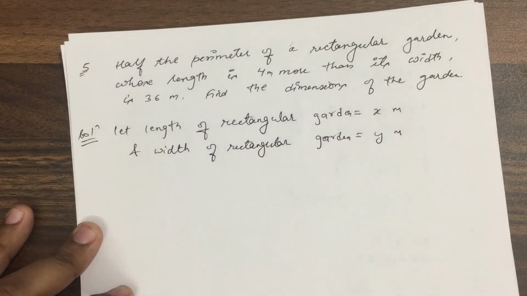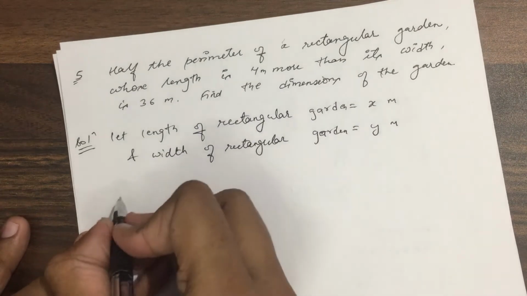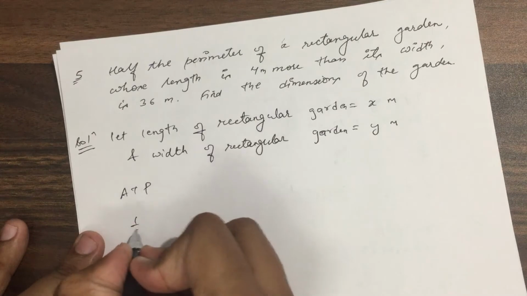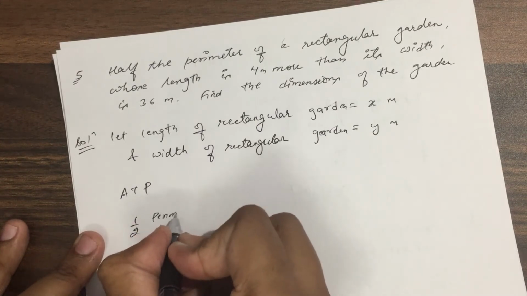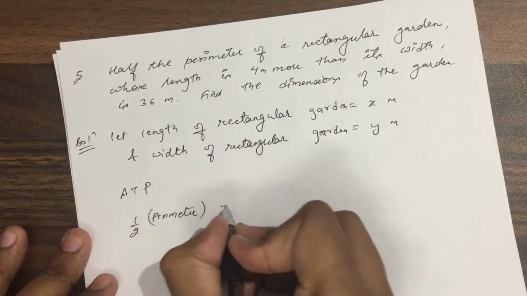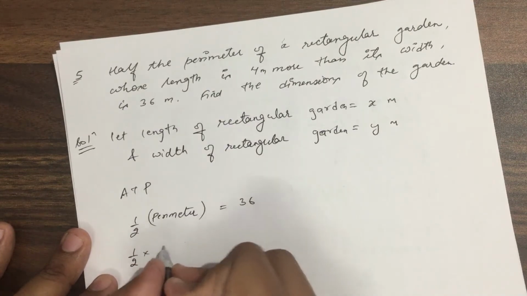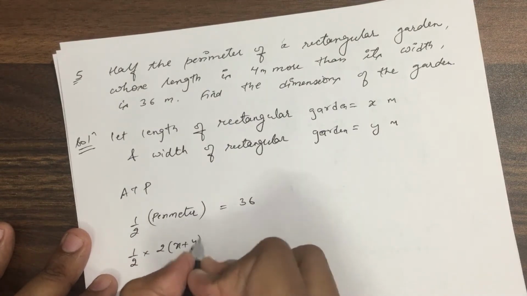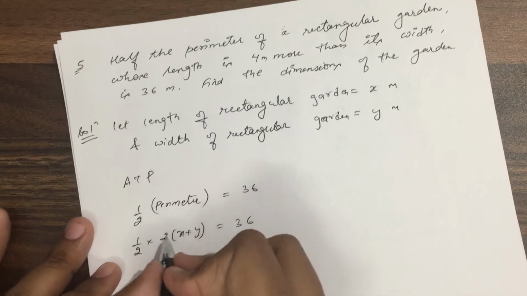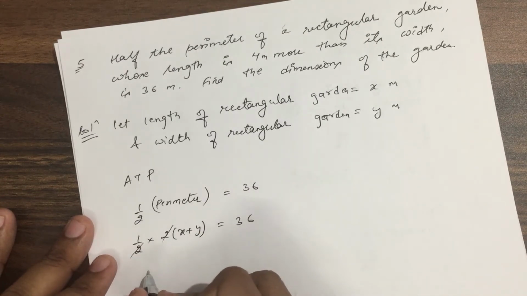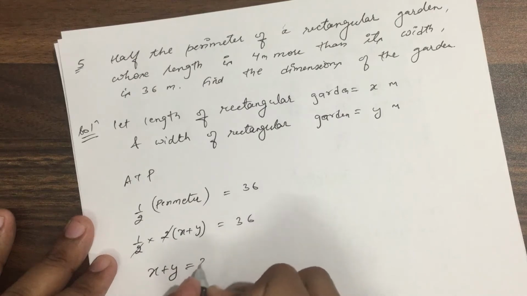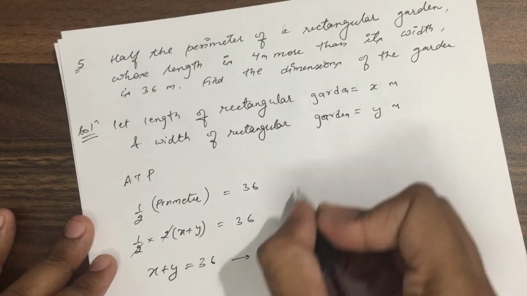What is given to you? Half the perimeter is 36. So according to the problem, half of the perimeter equal to 36, and we know that perimeter is 2 into length plus breadth. So this will be your 36. 2 and 2 will cancel. This will give you x plus y equal to 36. This is your first equation.